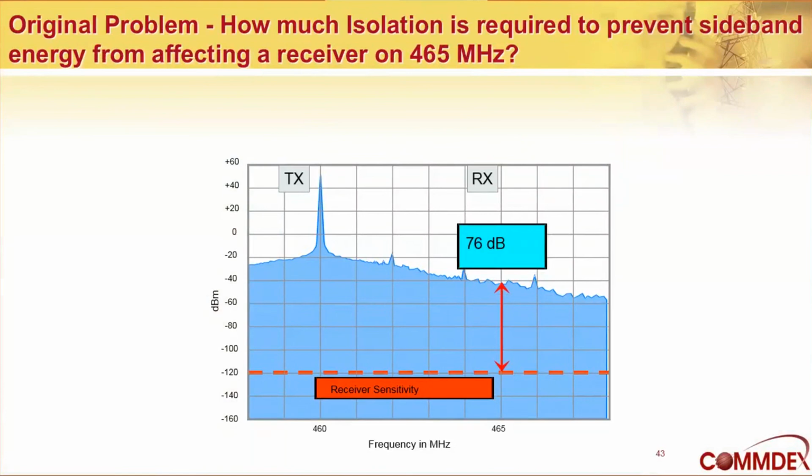Your numbers may vary, but the blue curve says that we have a transmitter at 460, and if we look at the emission of the transmitter 5 megahertz away at 465, our receiver at 465 wants a signal that is 120 dBm below, minus 120 dBm, our receiver sensitivity.